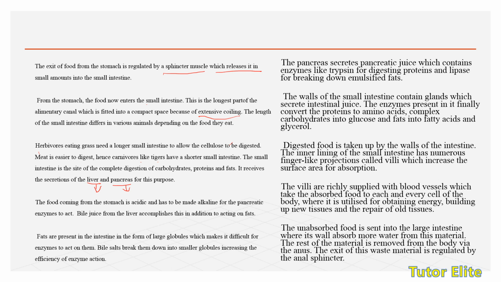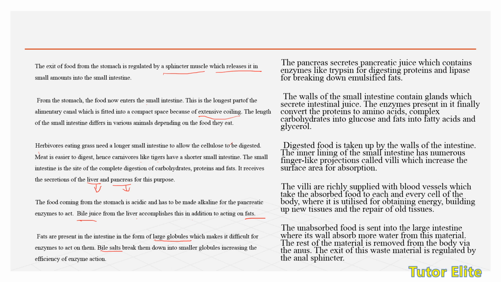The food coming from the stomach is acidic and has to be made alkaline for the pancreatic enzymes to act. Bile juice from the liver accomplishes this in addition to acting on fats. Fats are present in the intestine in the form of large globules, which makes it difficult for enzymes to act on them.